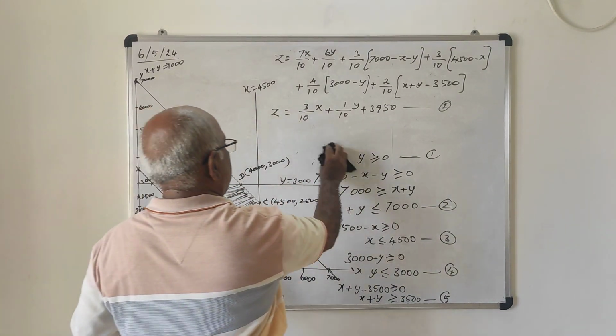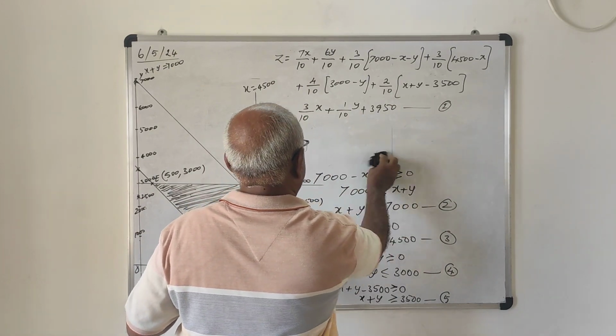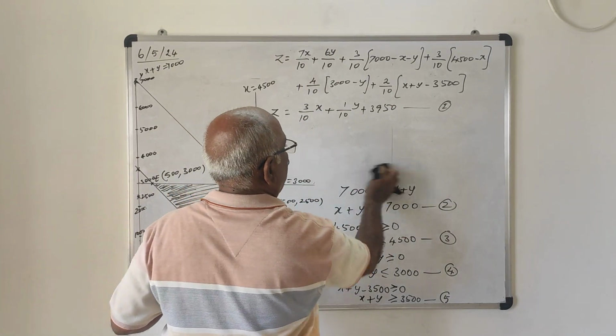From this equation, we have to substitute the corner points, and we will get the minimum value.